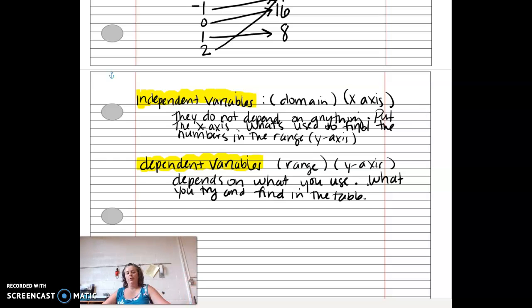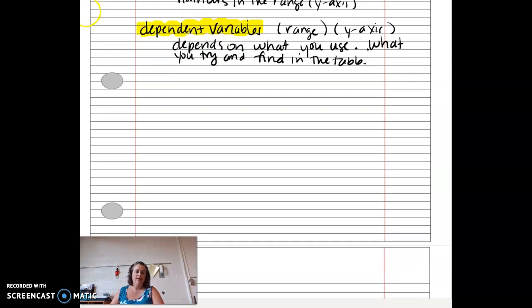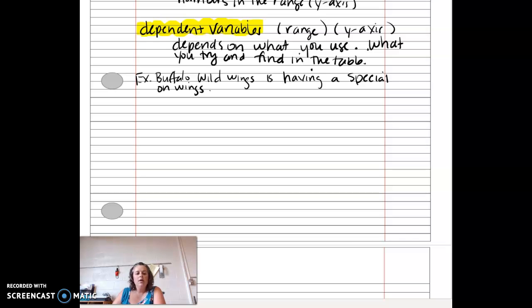So if I give us an example, let's say Buffalo Wild Wings is having a special. So let's say if you buy, oops, not that buy, B-U-Y, a soda for $2, you can get wings for 80 cents a piece.